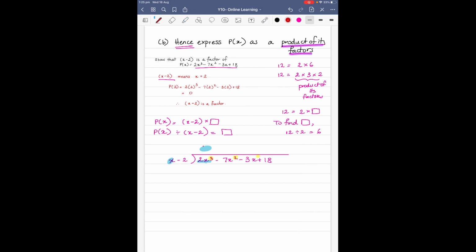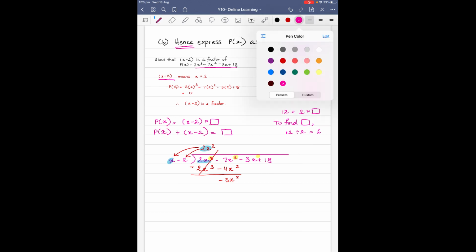So 2x squared times x gives you 2x cubed. 2x squared times minus 2 is minus 4x squared. To find the remainder, you would subtract it. That cancels. So we have minus 7x squared minus minus 4x squared, which gives you minus 3x squared.